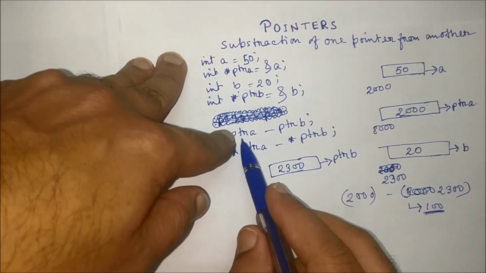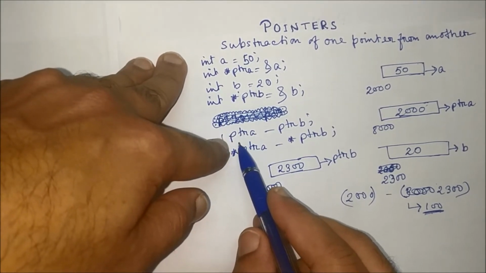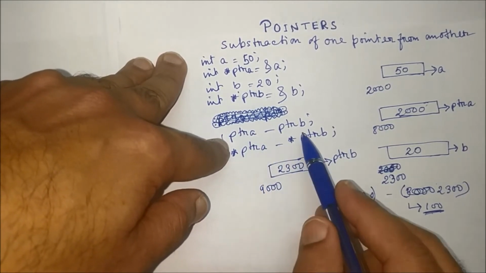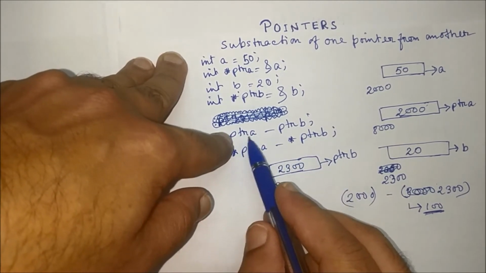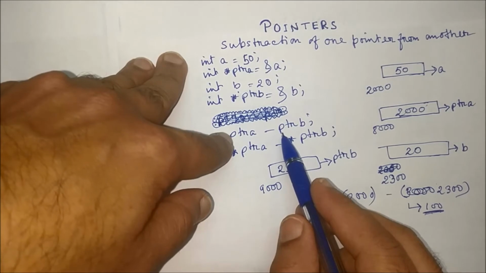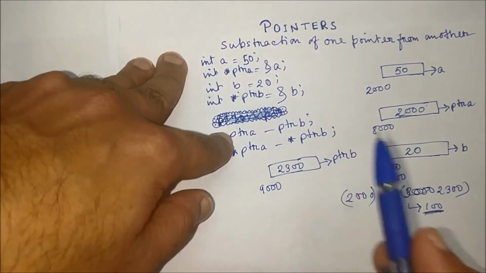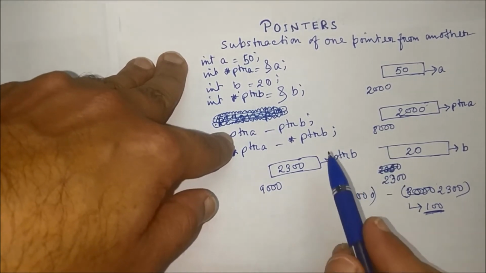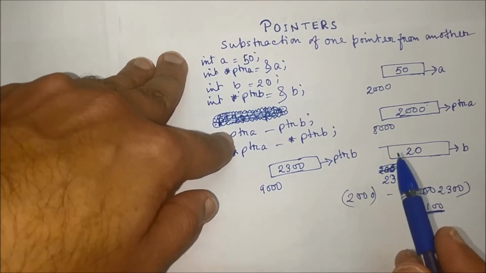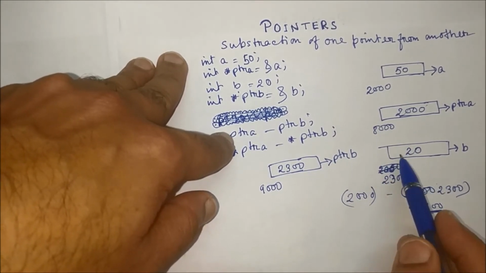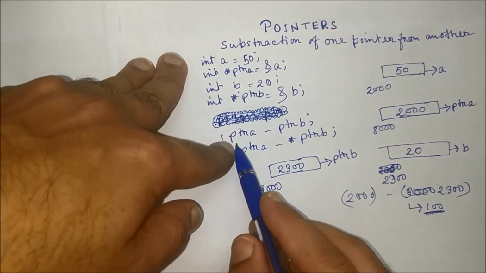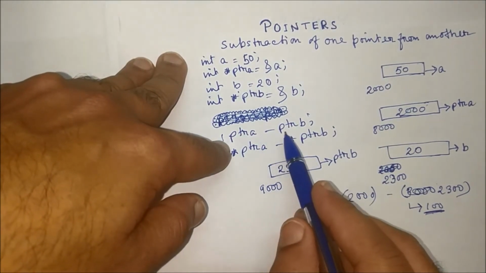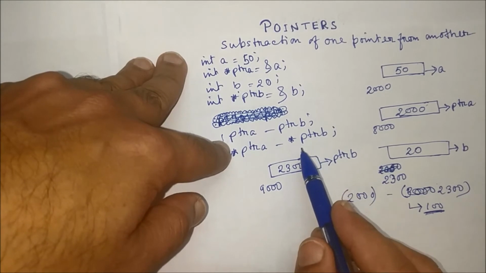But these pointers actually point to the memory addresses of integer variables. As integers are 4 bytes long, whatever the difference comes, you have to divide it by 4, because an integer pointer traverses 4 bytes each time you perform addition or subtraction.